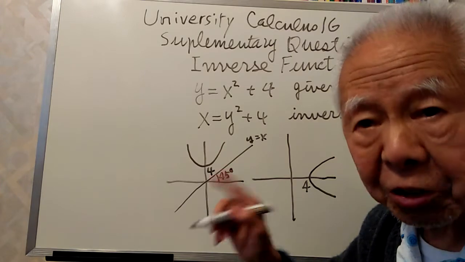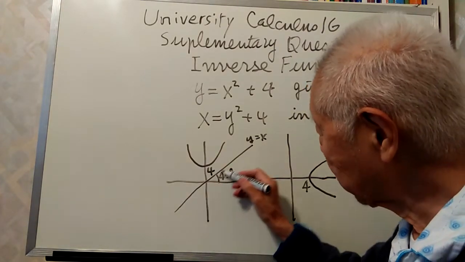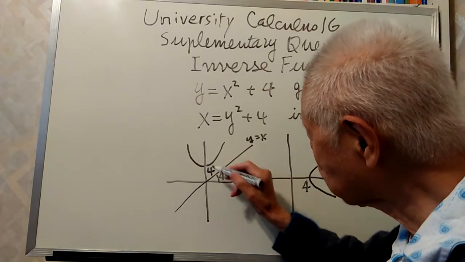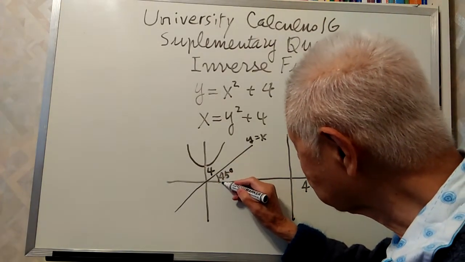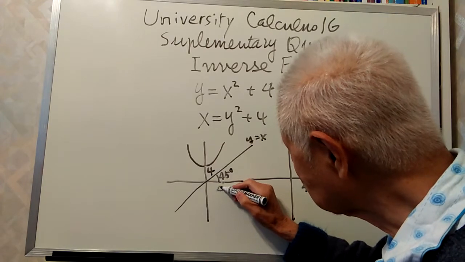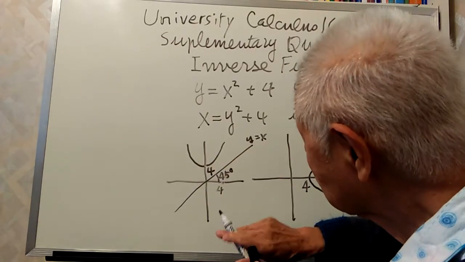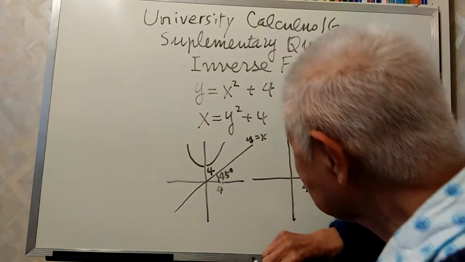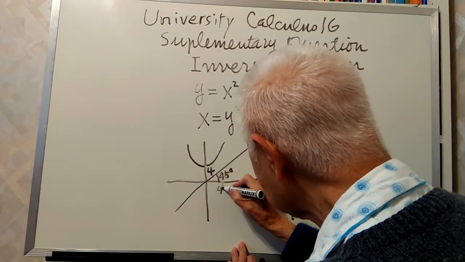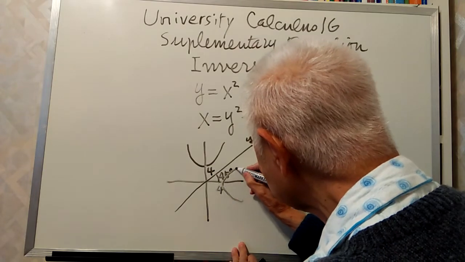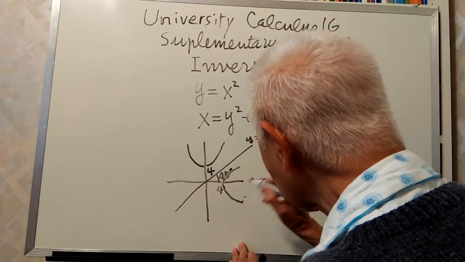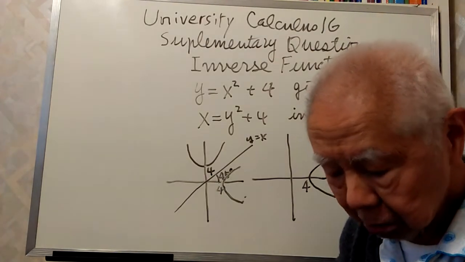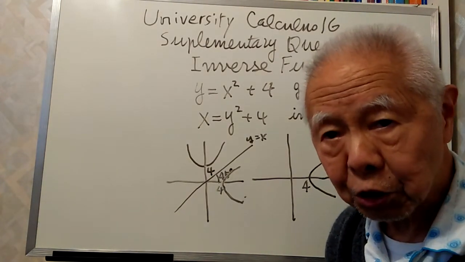You do a reflection in this line. If you do a reflection in this line, this point goes to here. 4. And the graph goes to here. You reflect, and it is this function.